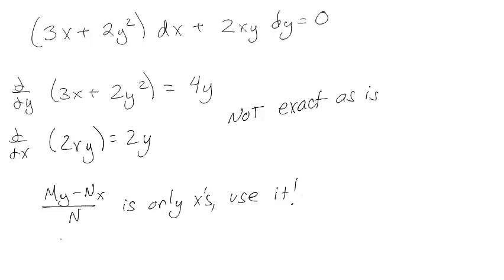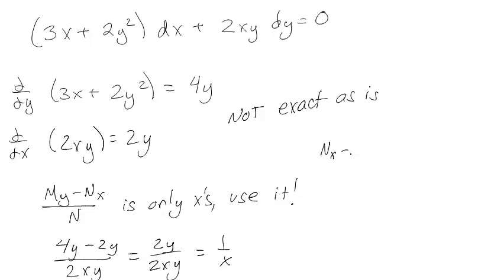So we did 4y minus 2y over 2xy, and in fact we got 1 over x. There was also one for using y: if Nx minus My over M is only y's, use that. If you don't know what I'm talking about, go find the video on that one, because you definitely want to see the theory behind this, because if you don't see the theory, it looks a little crazy.